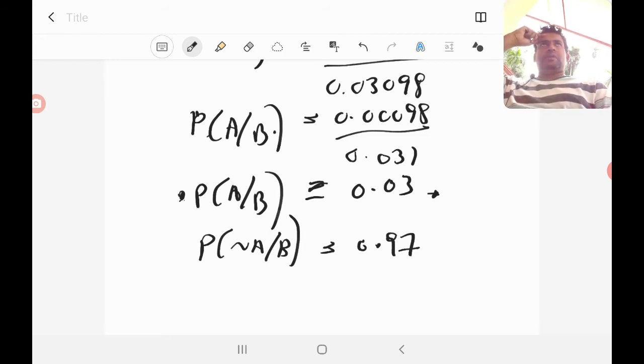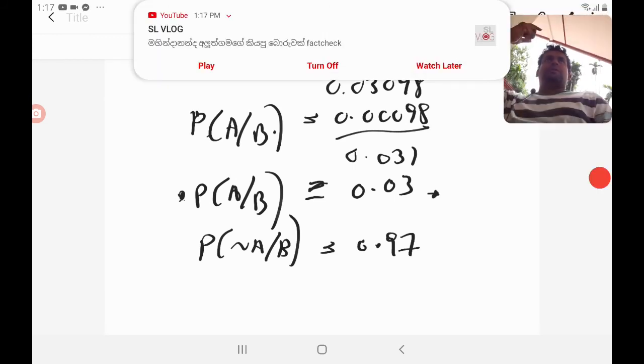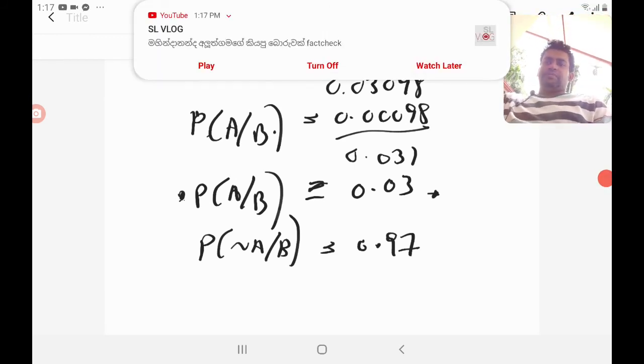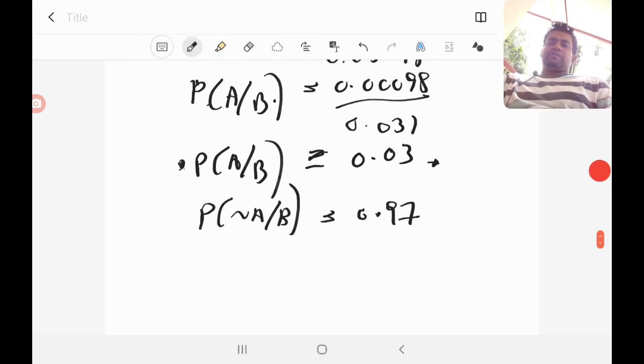Something that bothered me is this very high supposed rate of asymptomatic carriers in COVID.